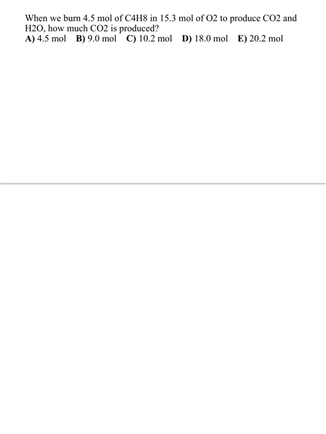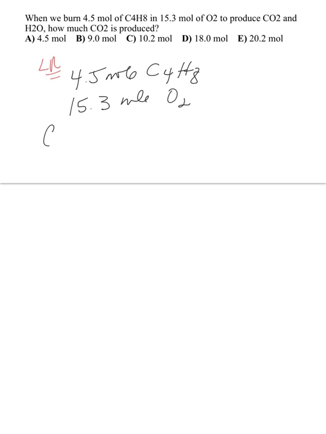Okay, the last question we have is a limiting reagent problem. You can recognize this as a limiting reagent problem because it gives you the moles of butane, C4H8, and also the moles of oxygen. This is a combustion reaction: you're taking butane and reacting it with oxygen to give you CO2 plus water.